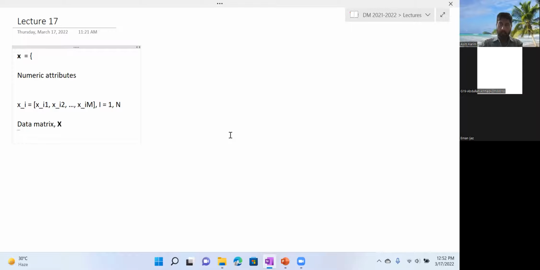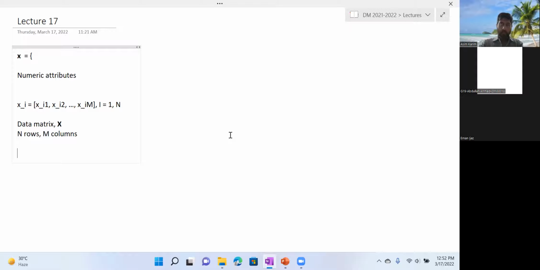Capital X would be a matrix of n rows and m columns. In other words, one row of this matrix is the representation for one object. The ith row is the representation for the ith object. So this is the data matrix.